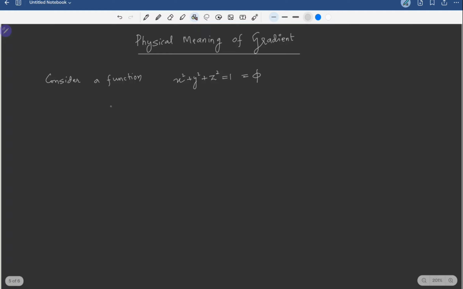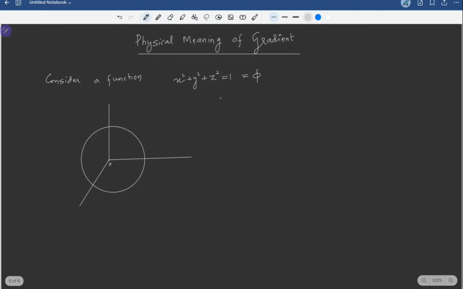Let's draw it first and define the axes here. The center is at 0, 0, 0 and it has radius 1.